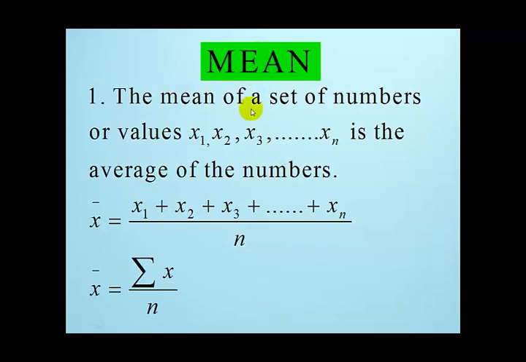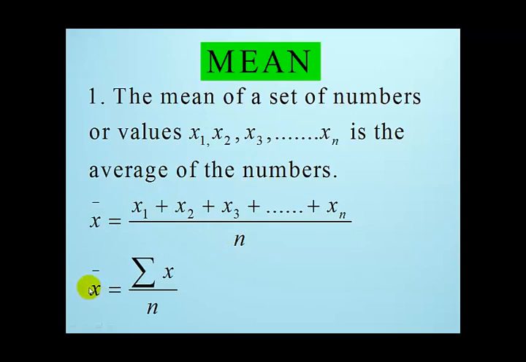The mean of a set of numbers or values x1, x2, x3 up to xn is the average of the numbers. The mean is given by the sum of all the values divided by the number of terms.